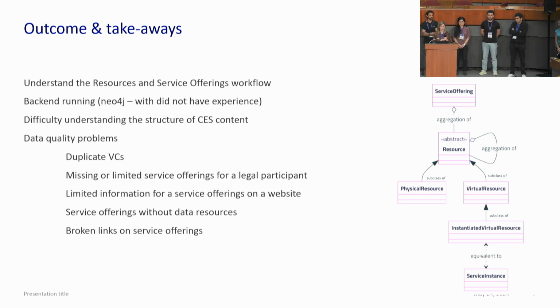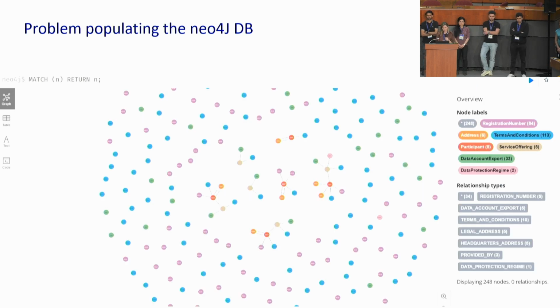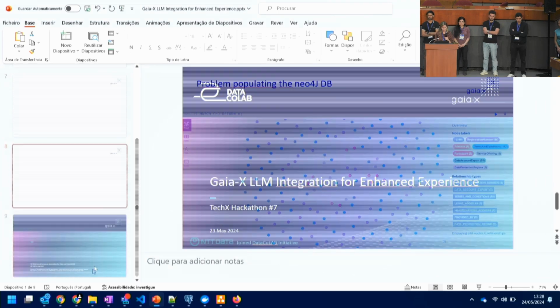We had some duplicate VCs, some missing ones, some broken links, and some service offerings that didn't have data resources. These kinds of problems made our work on the LLM part more difficult. This shows the graph database that we first restored, which only had 5 service offerings. So I will show you the demo.